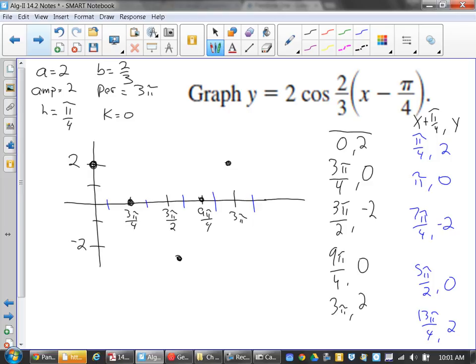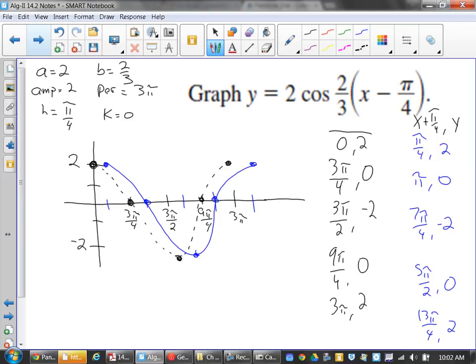Oh, I forgot to make my dotted line. So the new one I just make my solid line, just move all my points over. And done.